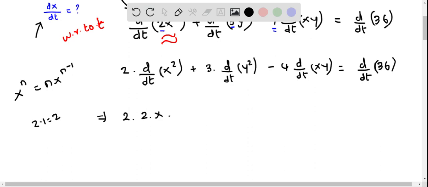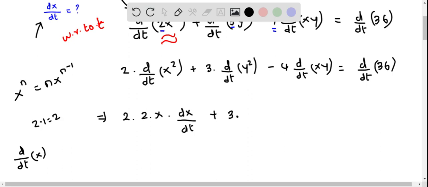Then I apply the chain rule because I'm differentiating with respect to time, so d by dt of x is dx by dt. We are done with the first term. Now let's move on to the next term.